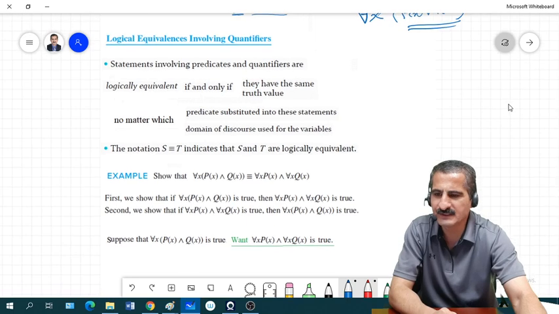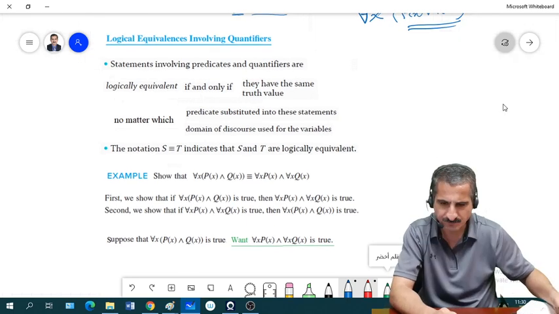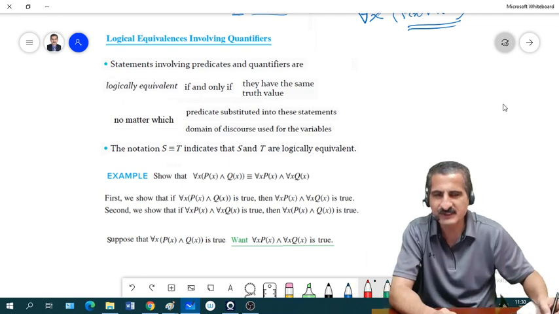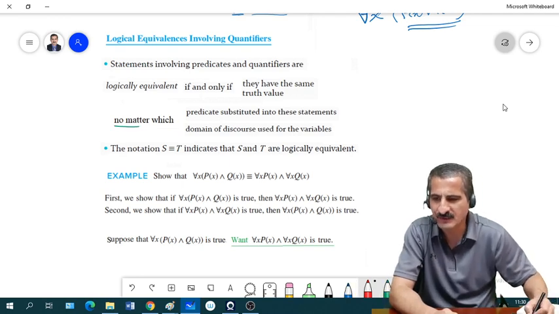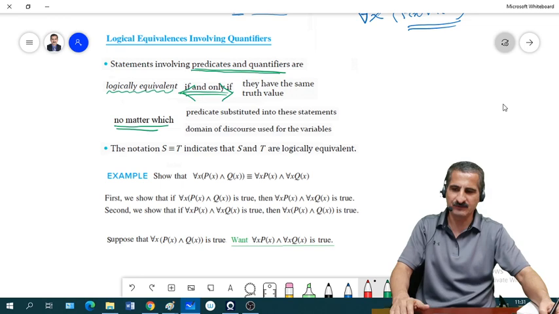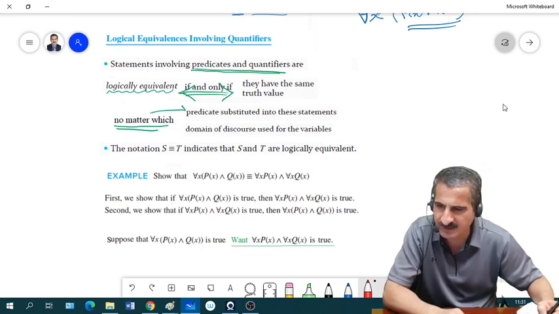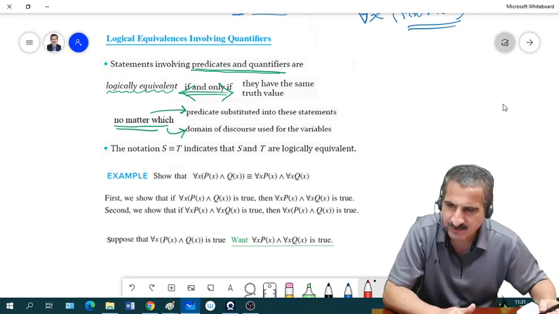Logical equivalences of quantifiers. As we have seen before, statements can be logically equivalent, but here the predicates and quantifiers are logically equivalent if they have the same truth value. This is normal. Having the same truth value gives logical equivalence. But here, we have different predicates, and the domain shall not affect this equivalence.